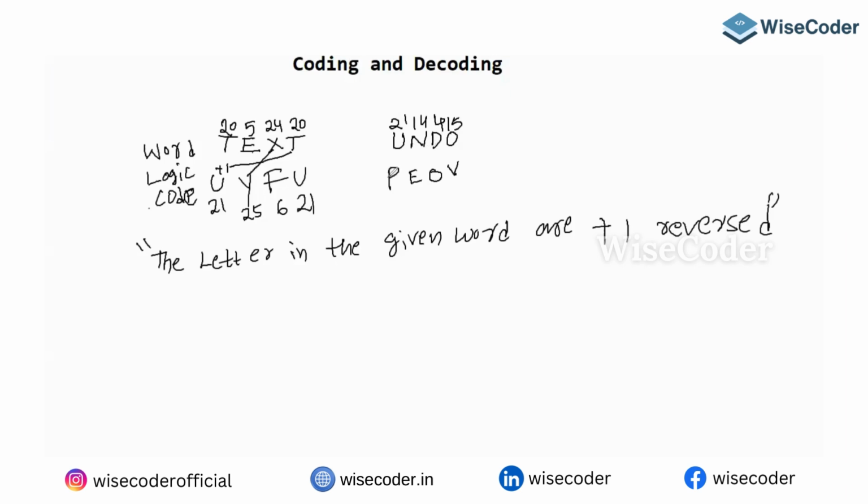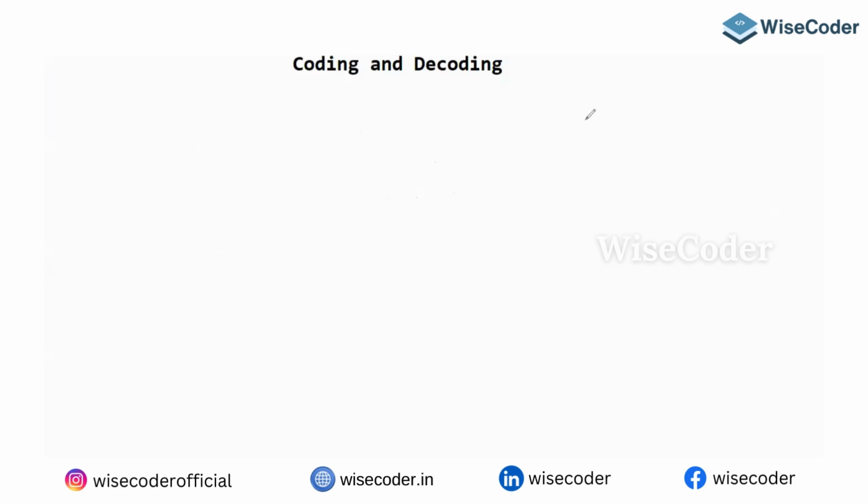What is the 16th letter? P. So the answer for this question is PEOV. If you want to solve these types of questions, the only way is to know the place positions. Let's go to the next question.